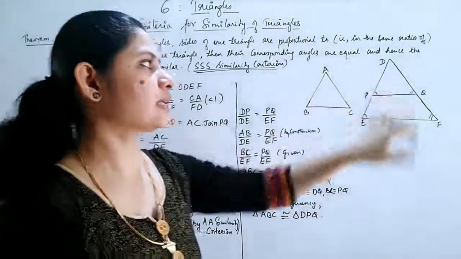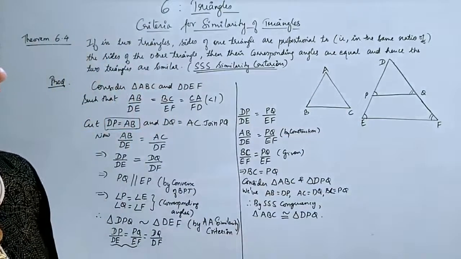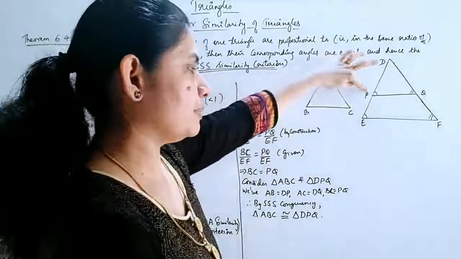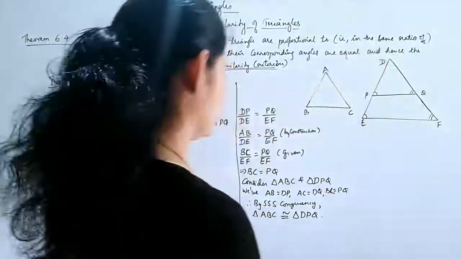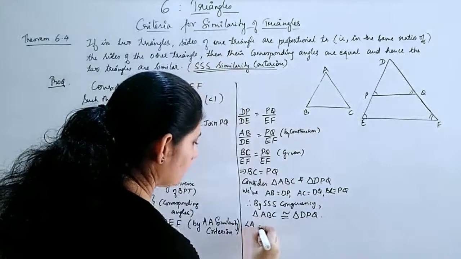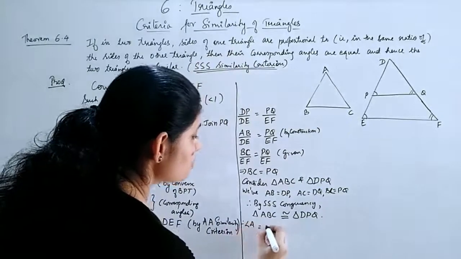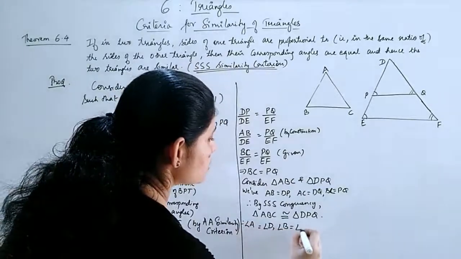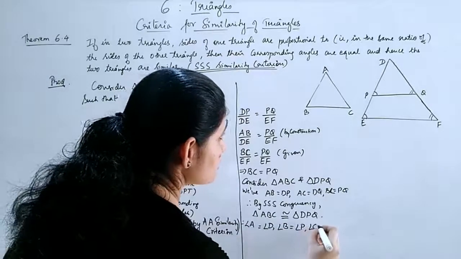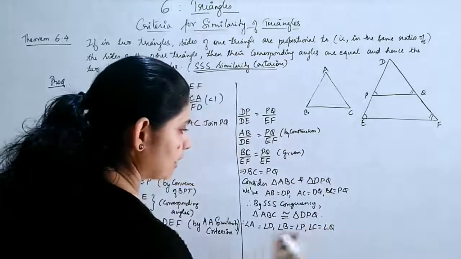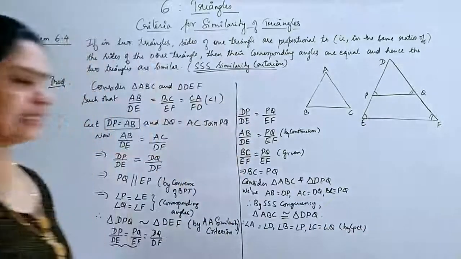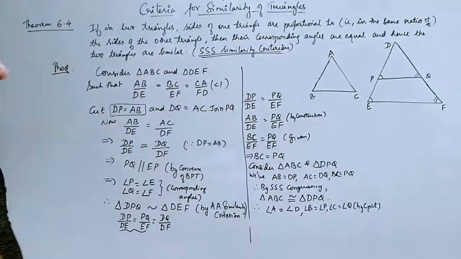That means we can say that the corresponding angles will be equal. That is, angle A equals angle D, angle B equals angle P, and angle C equals angle Q, and the reason for this is CPCT.